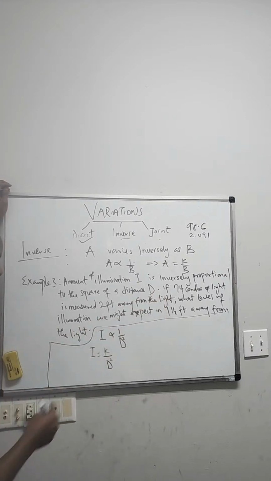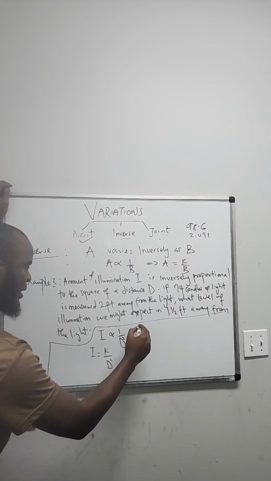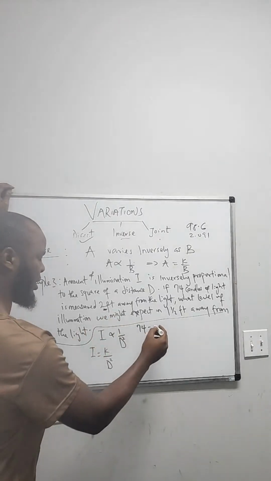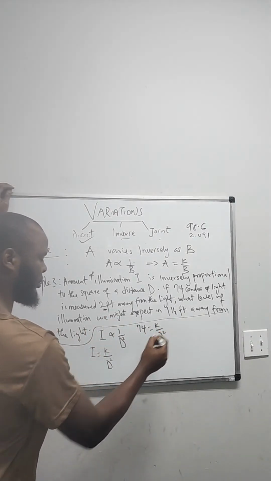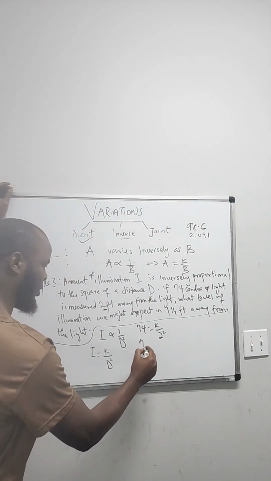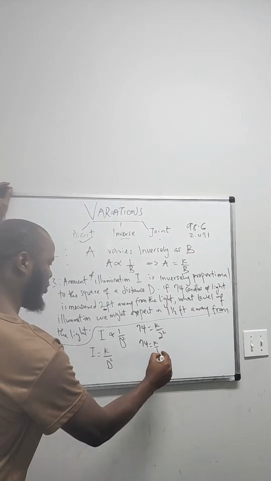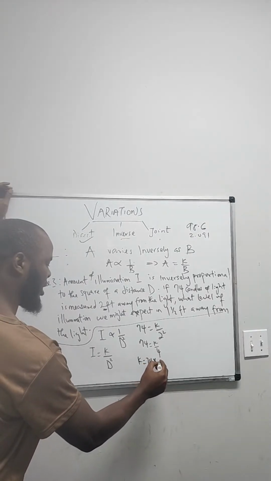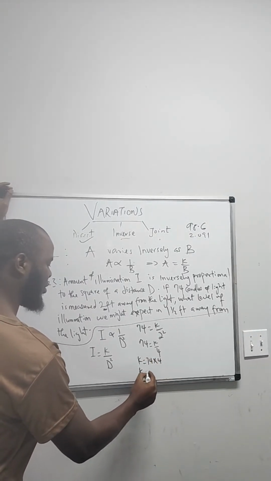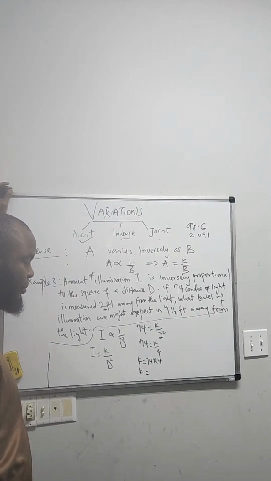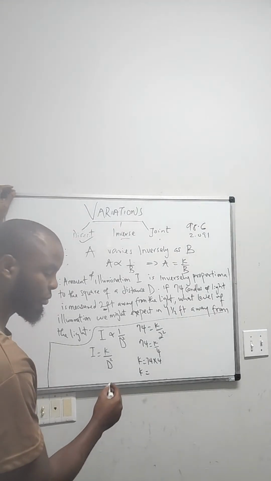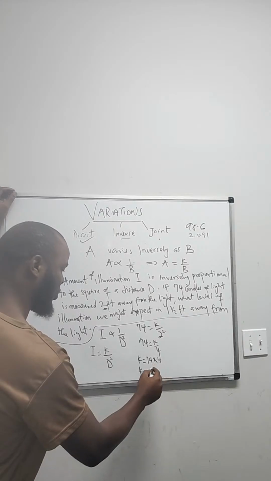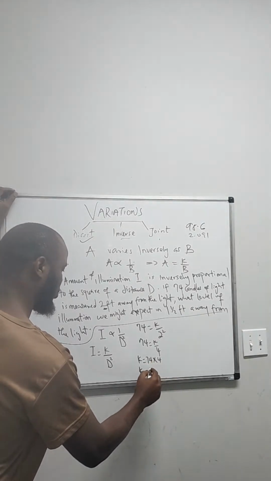Now, if I is 74 and the distance is 2 feet, we have K over 2 squared. So we have 74 equals K over 4. So K is 74 times 4. What's 74 times 4? 296. Because 70 times 4 is 280. 4 times 4 is 16. 296.